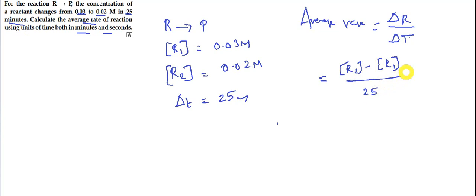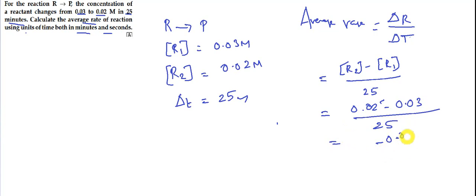So here this can be written as 0.02 minus 0.03 by 25. That is equal to minus 0.01 by 25.